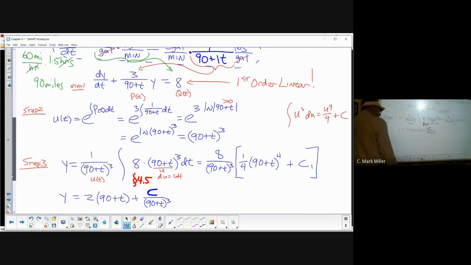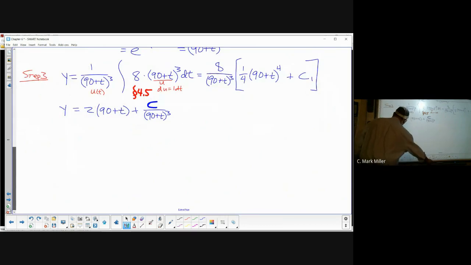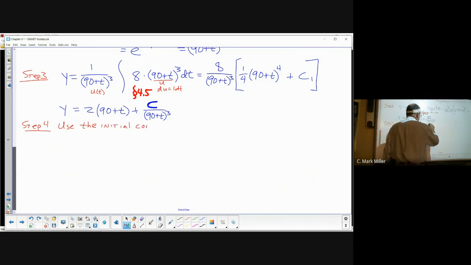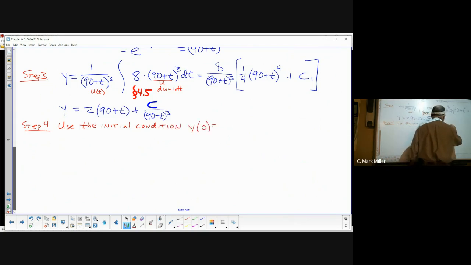Here, step 4, if you will, we're going to use the initial condition. Y of 0 is 90.